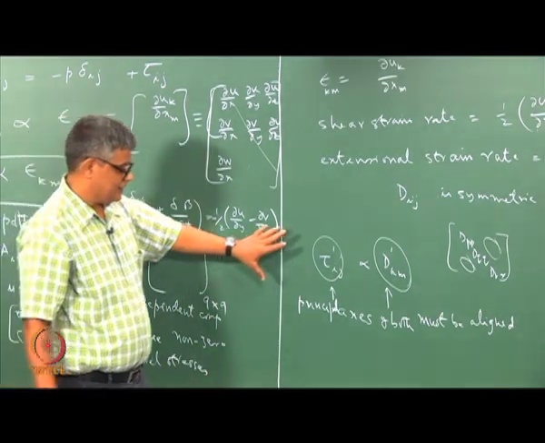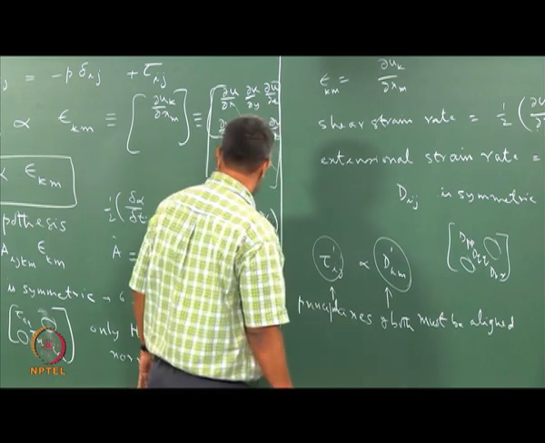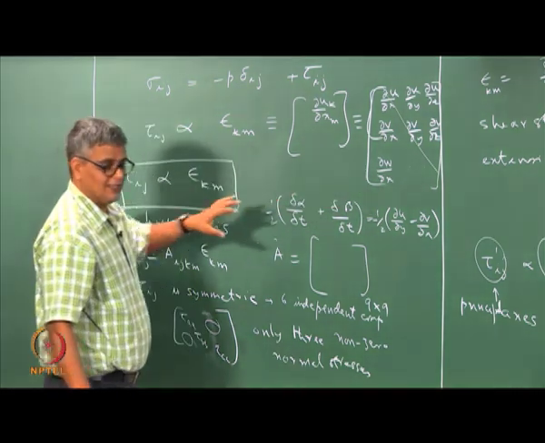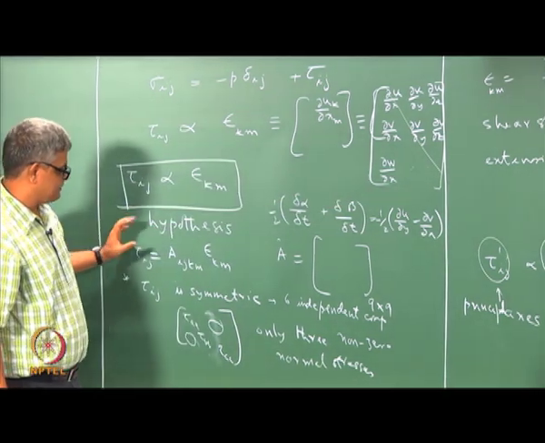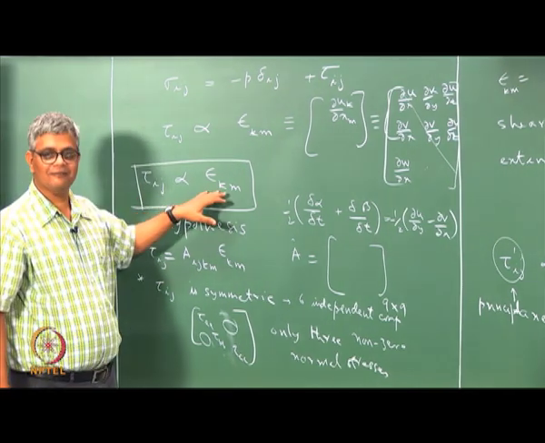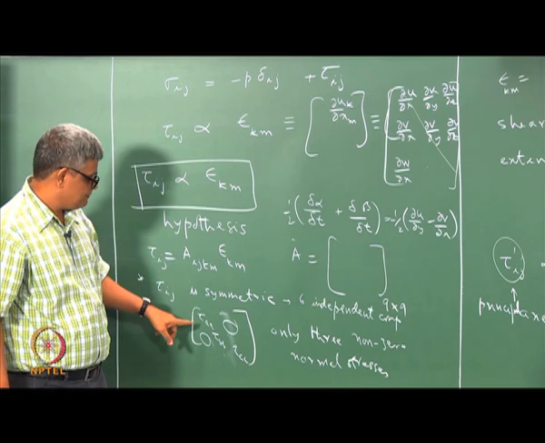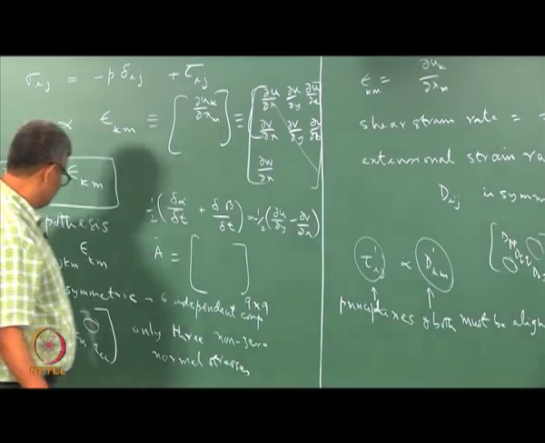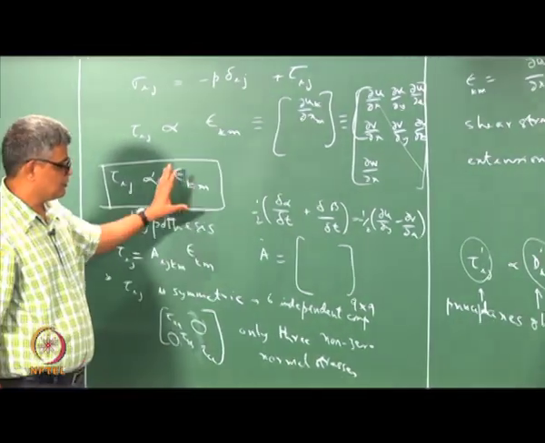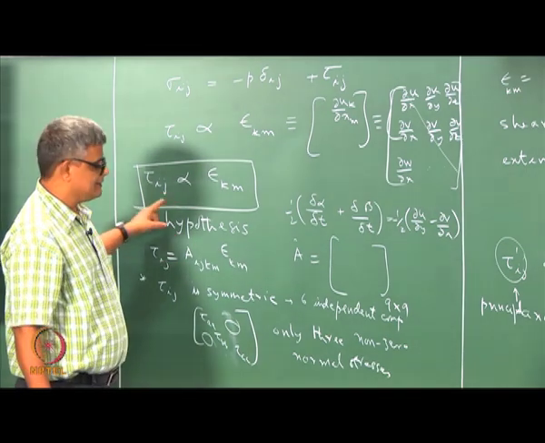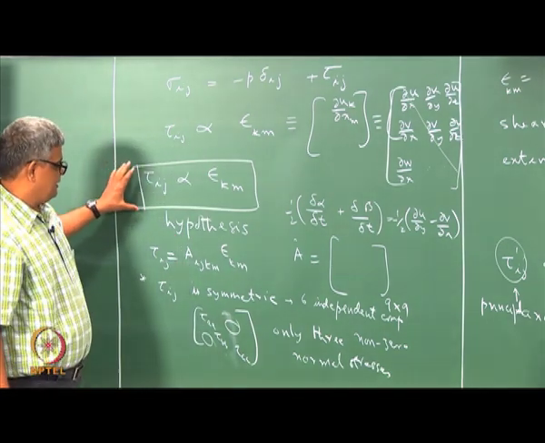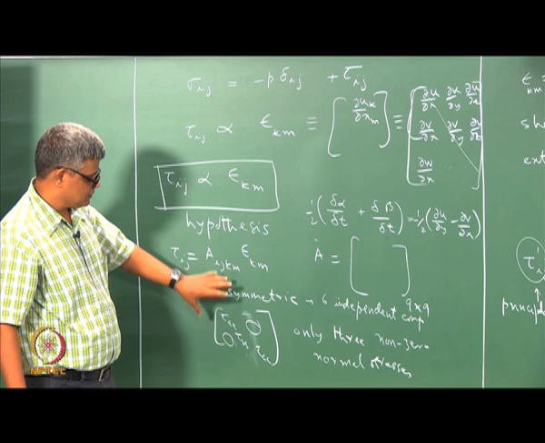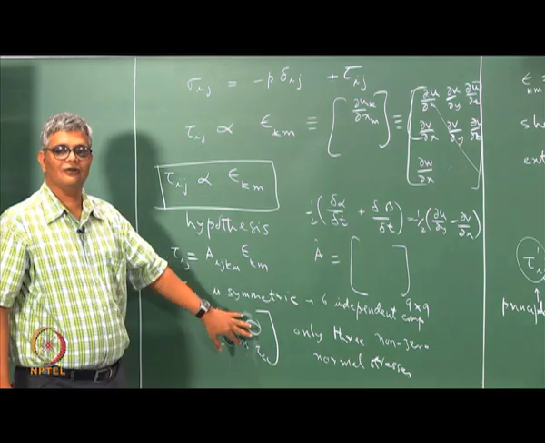So, that means that we are seeking a relation between not 9 by 9 components, not even 6 by 6 components. If we say that we are going to have a linear relation between this and this, mathematically you can only have 3 independent components here and 3 independent components here. Okay, so that means that you can only have 9 independent values which will describe this general relation which is applicable in any coordinate system, but the same constants must also be applicable in the principal axis coordinate system here.